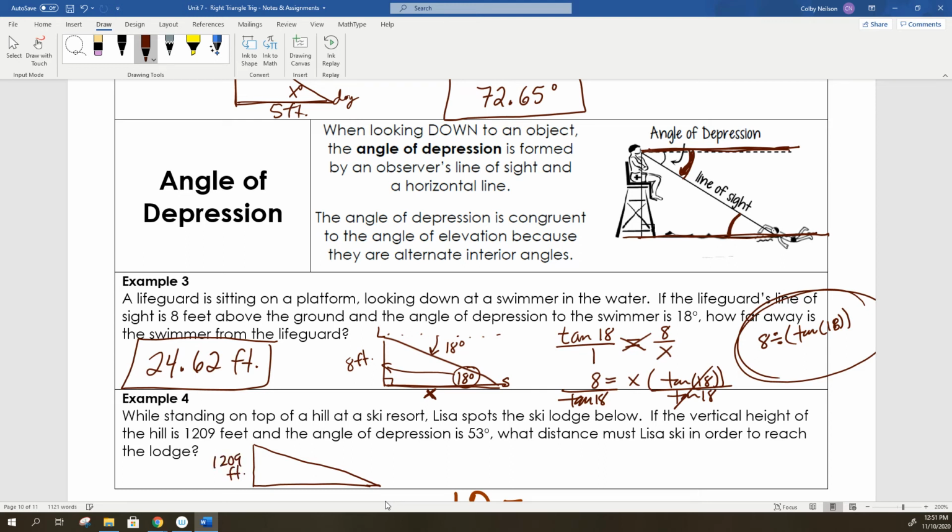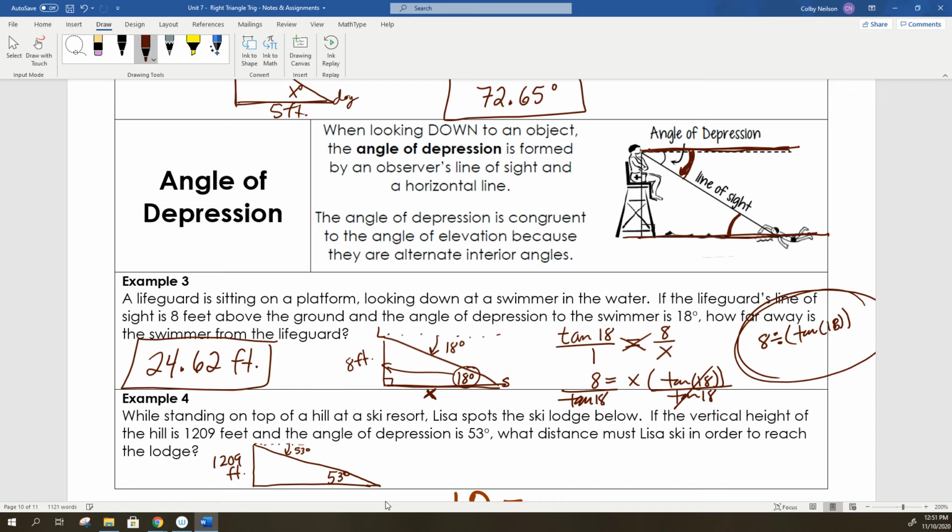Okay, we'll say that's the hill, so that would be 1,209 feet. The angle of depression is 53 degrees, so that means this angle here is 53 degrees. So we're going to use that same angle down here. We'll use the one that's inside the triangle. What distance must Lisa ski in order to reach the lodge?